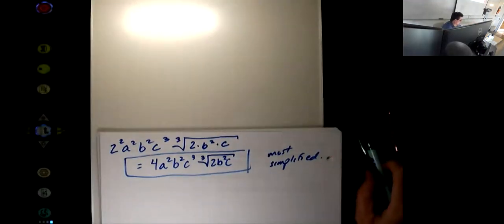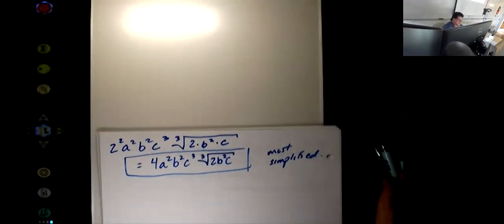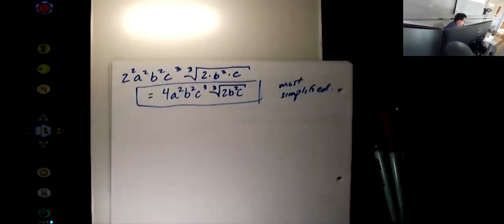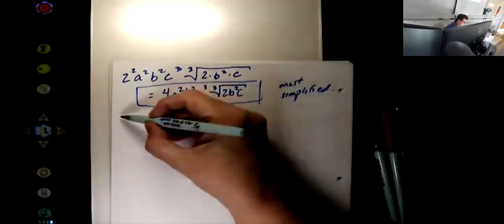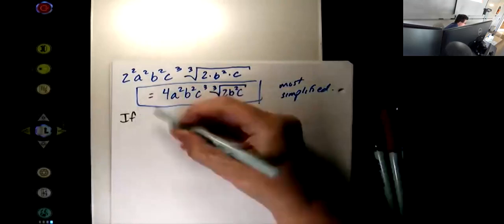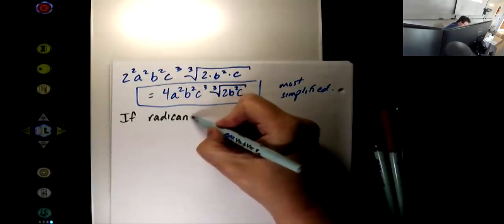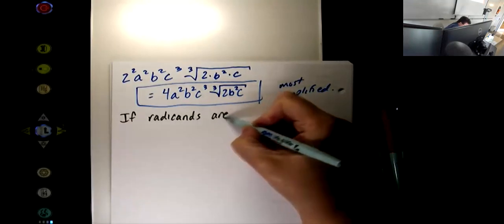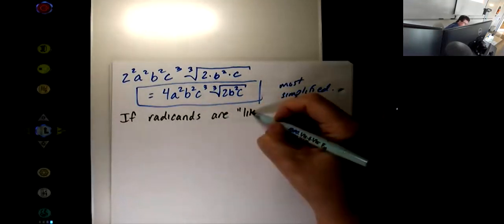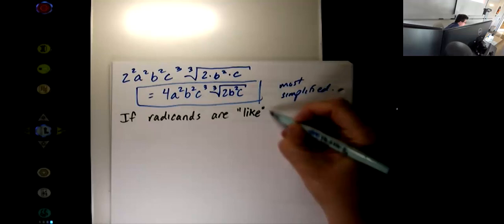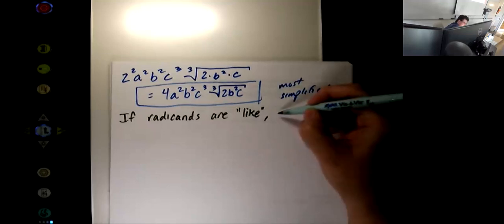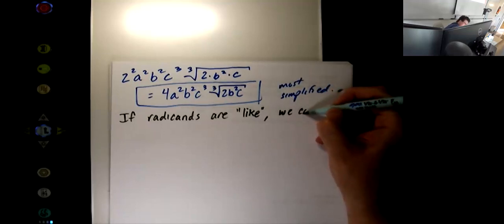Alright, so the homework will give you plenty of opportunity to practice on that some more. Something important to know: if radicands are alike, we can add and subtract them.